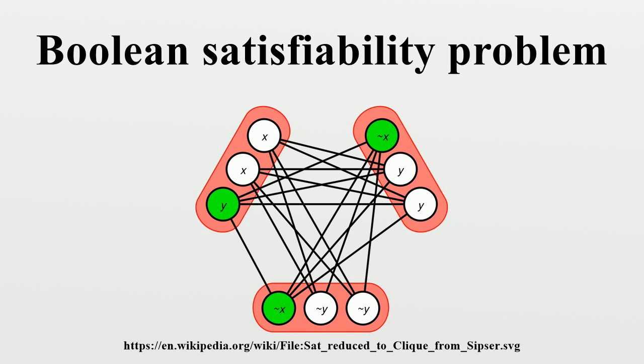SAT is trivial if the formulas are restricted to those in disjunctive normal form, that is, they are a disjunction of conjunctions of literals. Such a formula is indeed satisfiable if and only if at least one of its conjunctions is satisfiable, and a conjunction is satisfiable if and only if it does not contain both x and not x for some variable x.